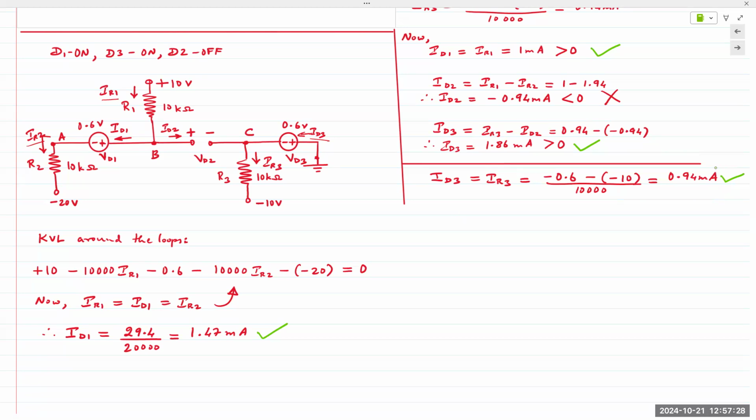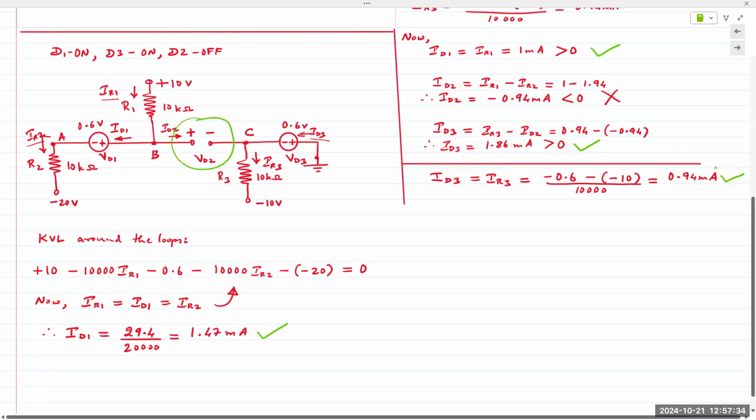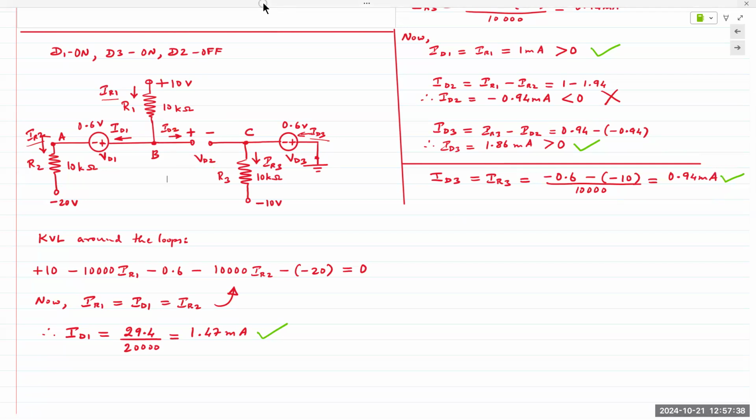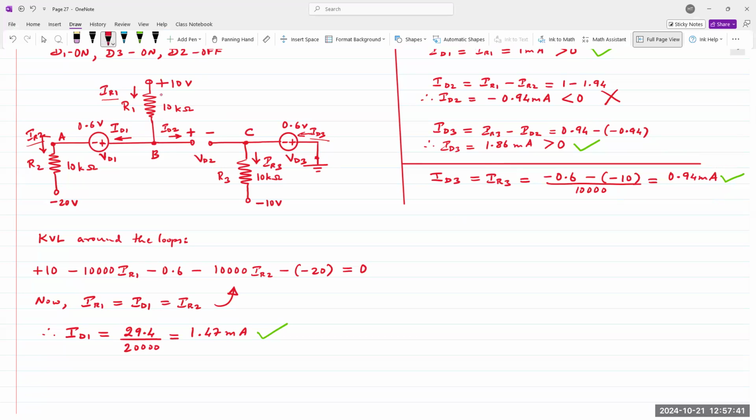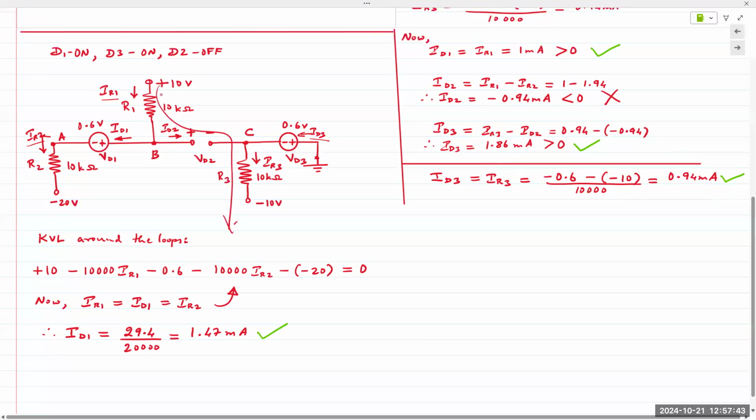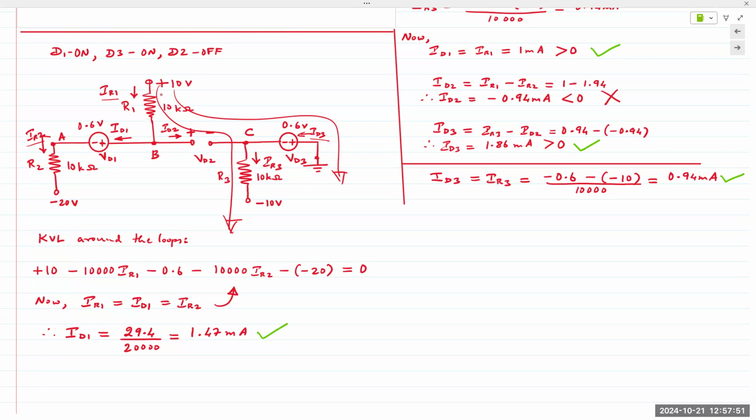Now let's apply a KVL that includes VD2. Of course, we have a couple of different pathways. We can apply it here, or we can apply it here. Either one is fine.